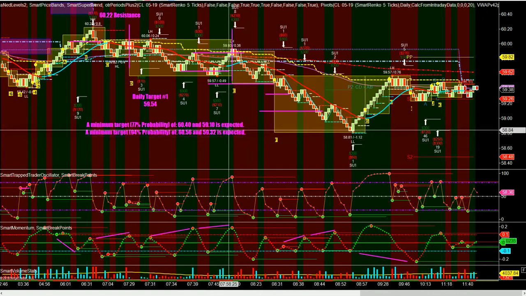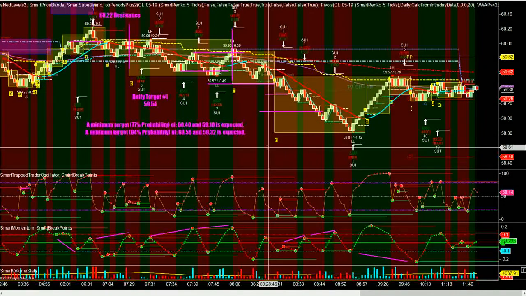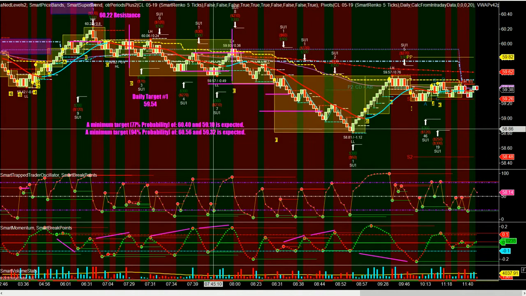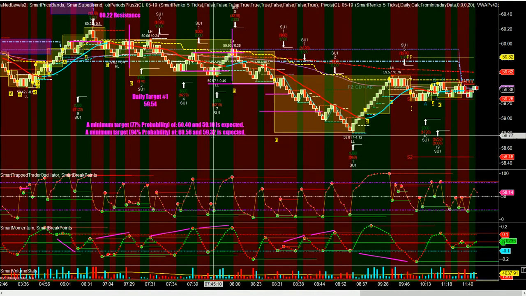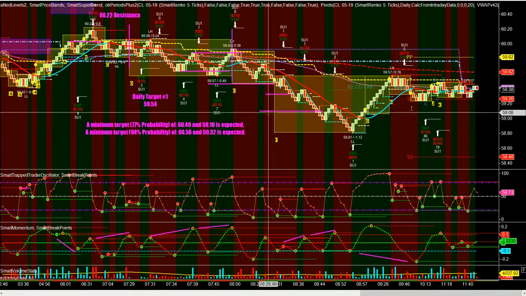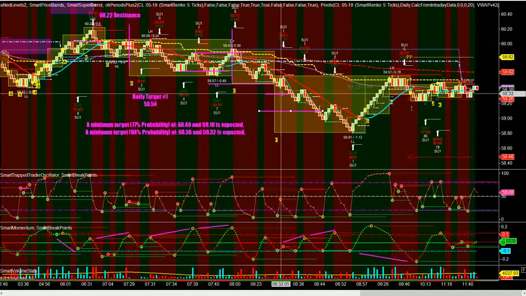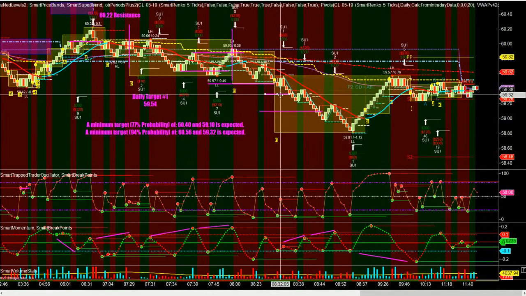We publish these about 10 minutes after the day opens, and we trade to the targets each day. It's a beautiful thing, trading to the targets each day. 77% probability to 59.10 and 94% probability to 59.32. The 59.10 is right here, and the 59.32 level was right in there.